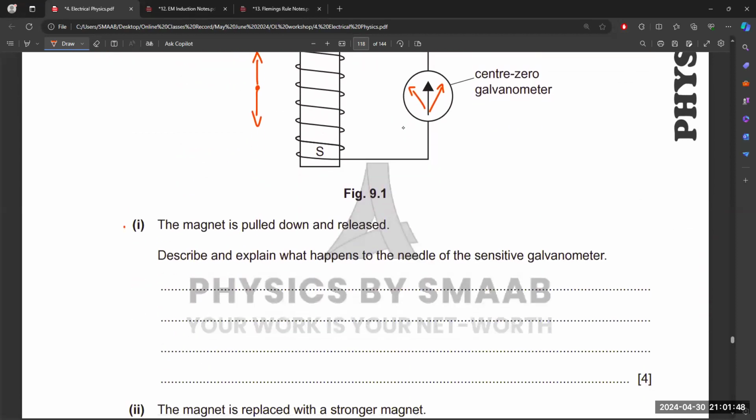And the question is, describe and explain what happens to the needle of the sensitive galvanometer. So we detect that there is a change in the magnetic field lines, so it will also cause the change in the direction of the needle. So basically, the magnet oscillates in up and down direction.